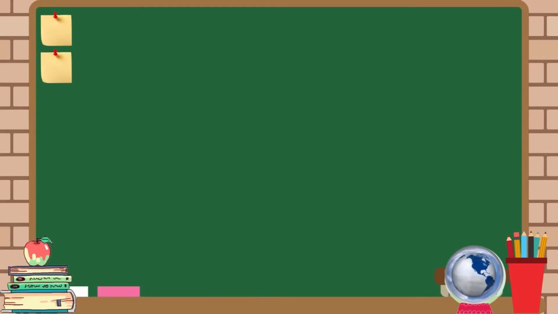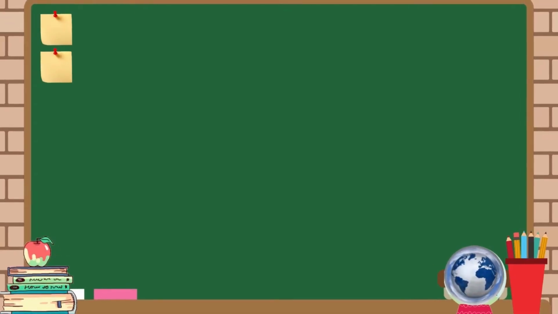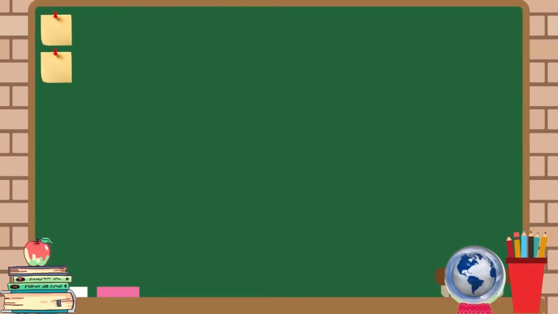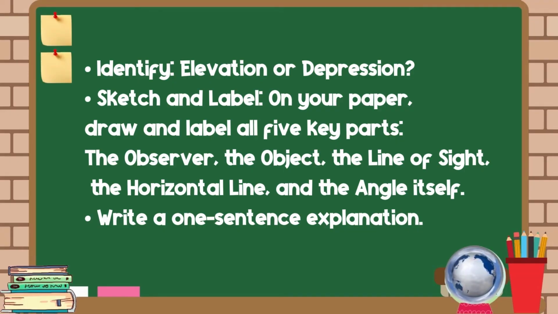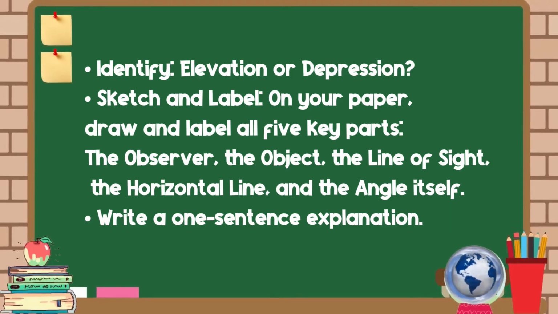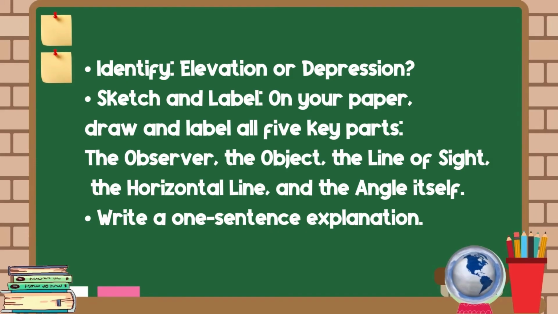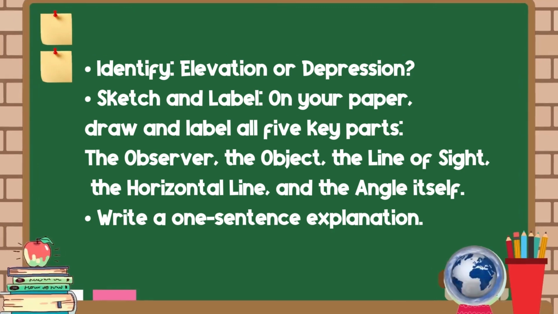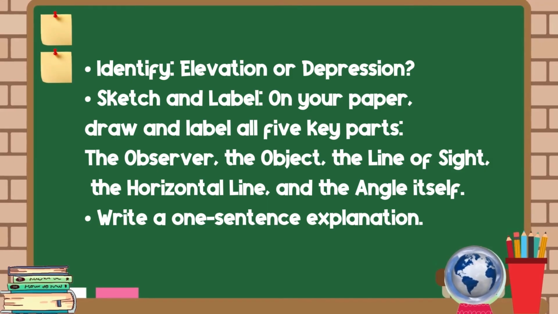Now let's apply this and practice sketching with all the key parts. With your seatmate, you'll take on the Spot the Angle Partner Challenge. Here's your task. First, you need to identify if it is elevation or depression. Second, you need to sketch and label on your paper and draw all 5 key parts: the observer, the object, the line of sight, the horizontal line, and the angle itself.